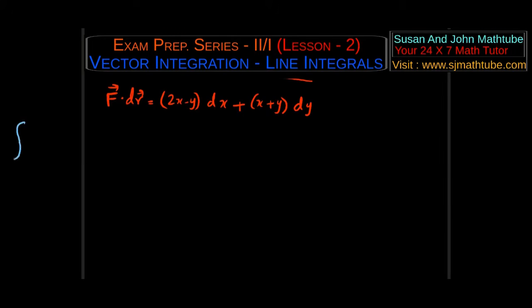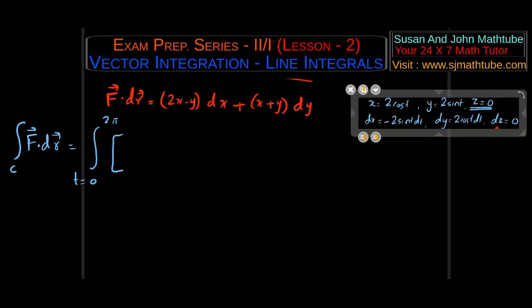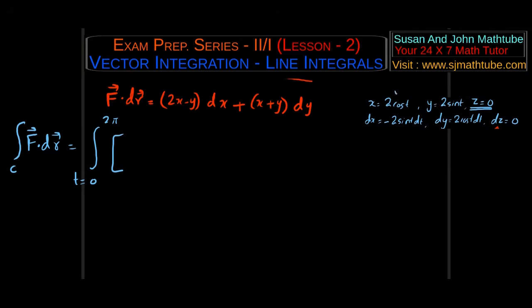So the work done, because they asked work done, is nothing but integral over the given path f dot dr. And that will be integral. It's a circle. So t is equal to 0 to 2 pi. And we have to parameterize this function. So that will be, we have x is equal to 2 cos t.